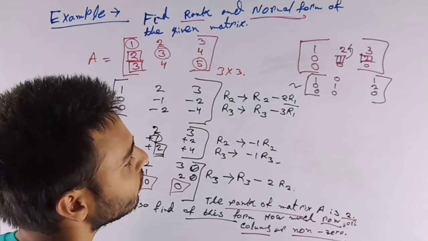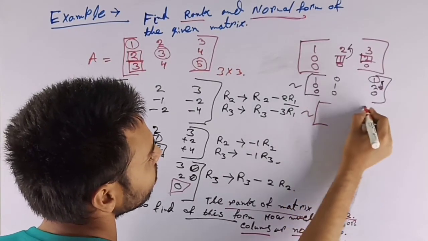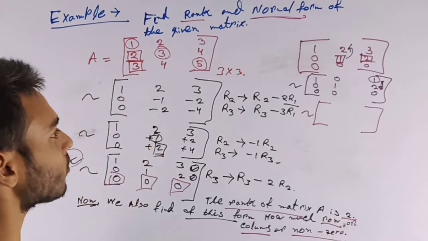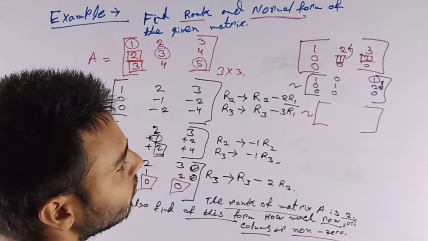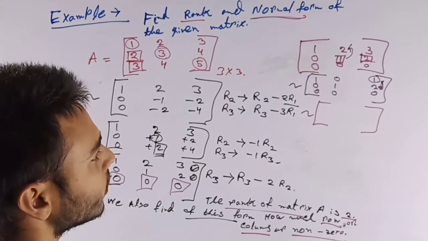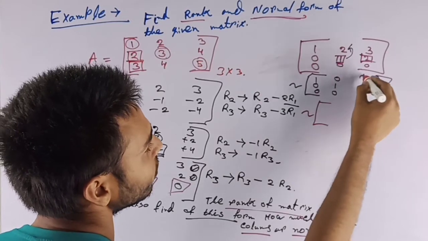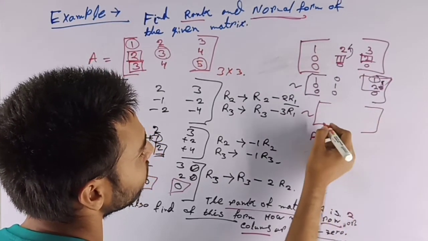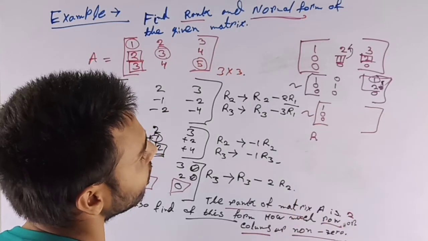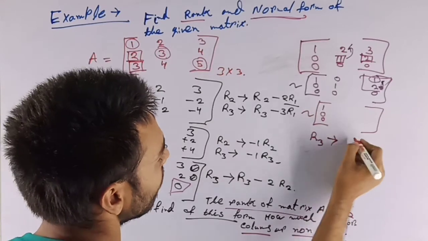So now find the 0 0 form. So 1 is becoming 0, so interchanging the matrix also. Point to be noted, you only find the 0 form.